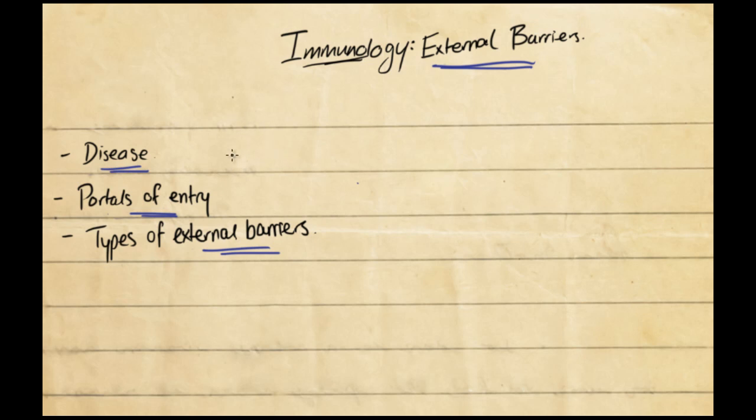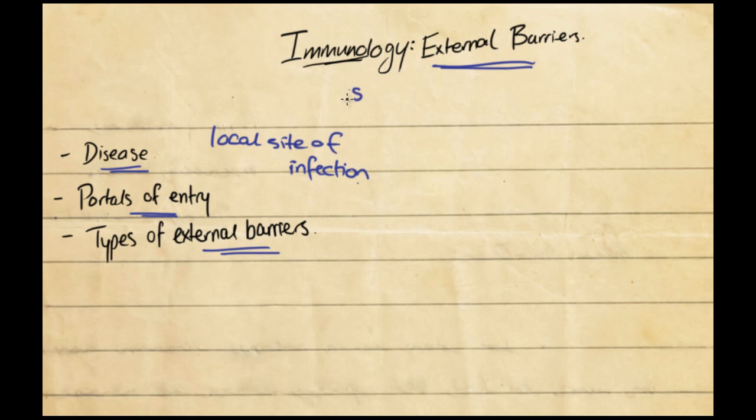Disease occurs when a microorganism succeeds in establishing for itself a local site of infection, and basically it does this by evading or overwhelming the host's defenses.